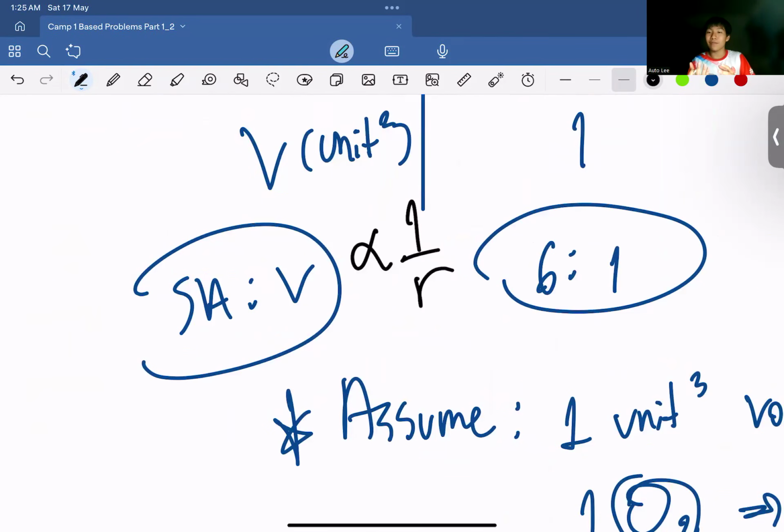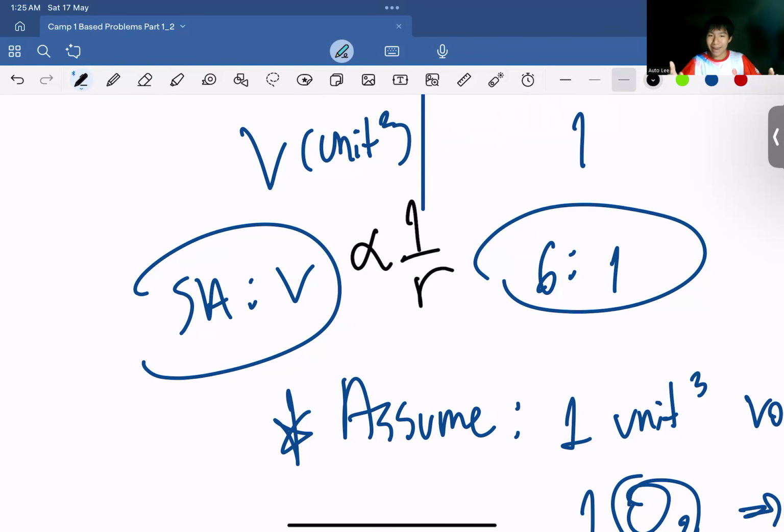This is because the volume is in the denominator, and for volume it's r cubed, but for the surface area on top it's r squared. r cubed has a bigger magnitude since it's to the power of 3, while the surface area is to the power of 2. That means the volume is going to grow faster than the surface area.